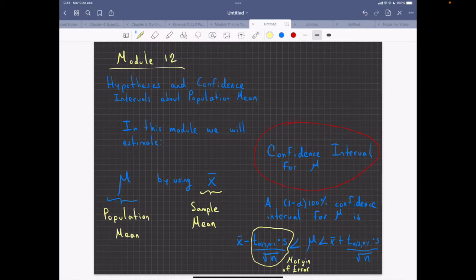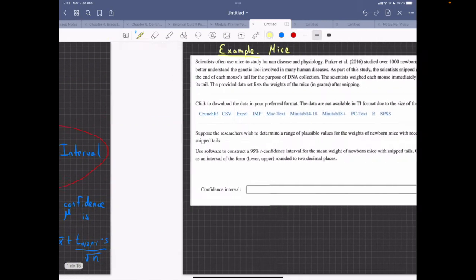So again, in this video, we're going to make a hypothesis test for mu, the population mean, by using the sample mean, and we are going to see also some examples of confidence intervals to estimate the population mean. So let's start with the exercises.